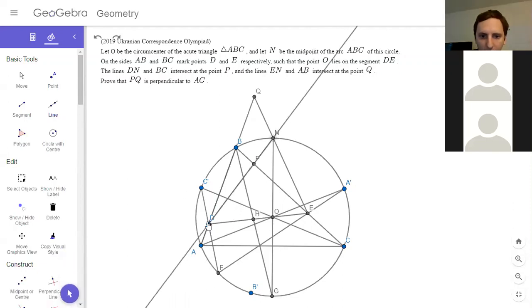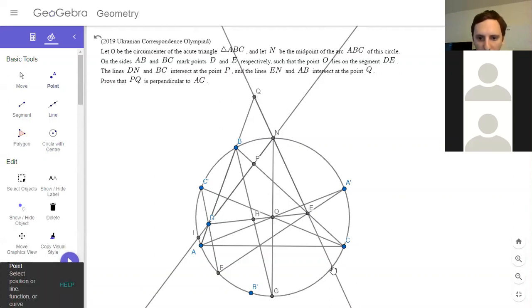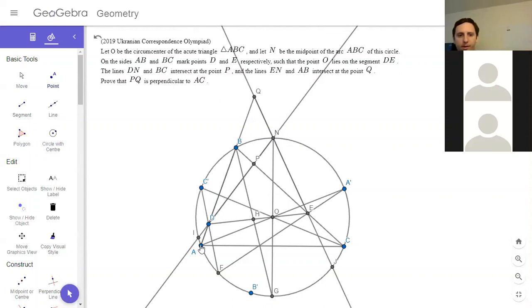So this looks a little messy, but let's give it a shot. So that's point I, and this is point J. So how can I use Pascal's here?